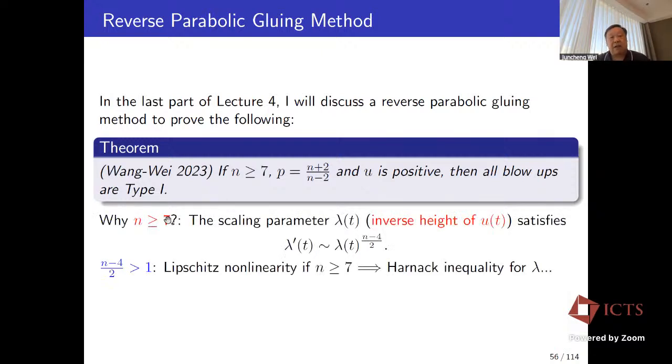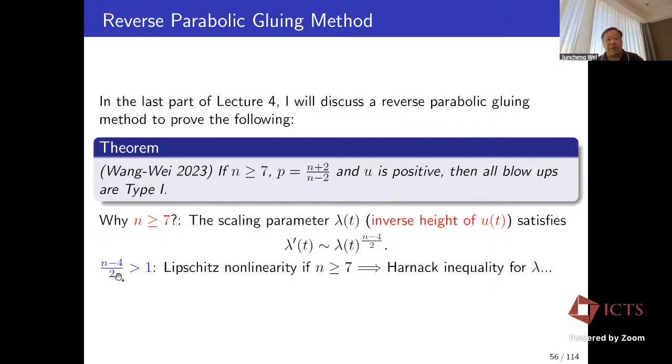The restriction n greater than 7 is for the following reason. As we discussed in the last lecture, formally the scaling parameter behaves like lambda to the (n minus 4) over 2.